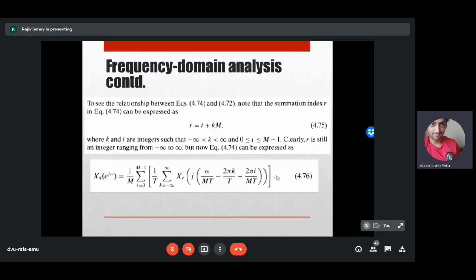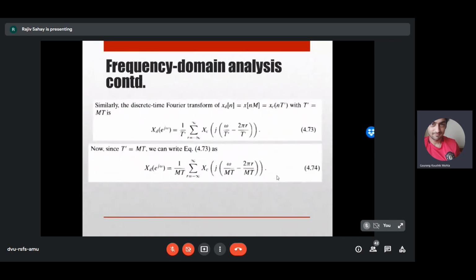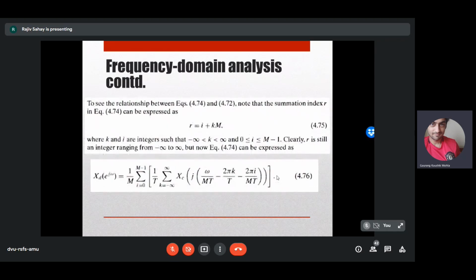Is this clear? Wherever there is r, you are replacing it as I plus km. So here you have I plus km instead of r.